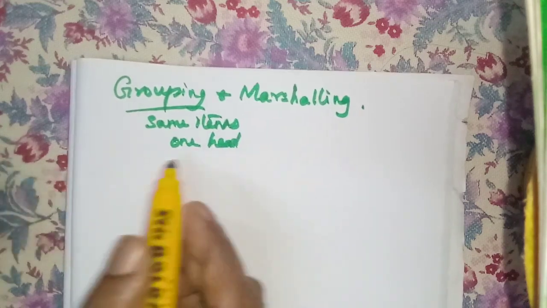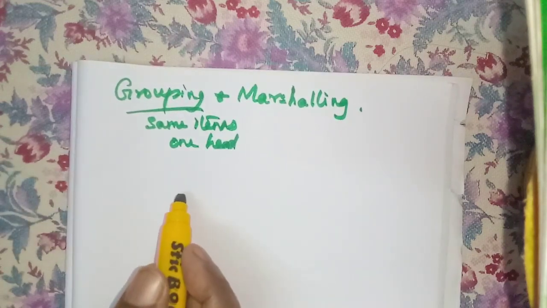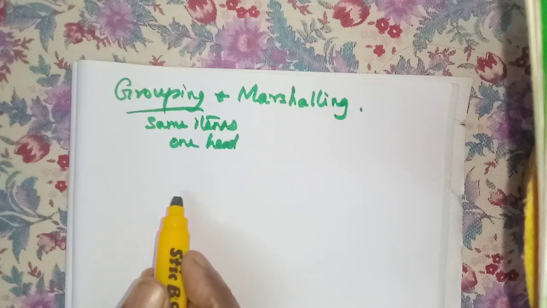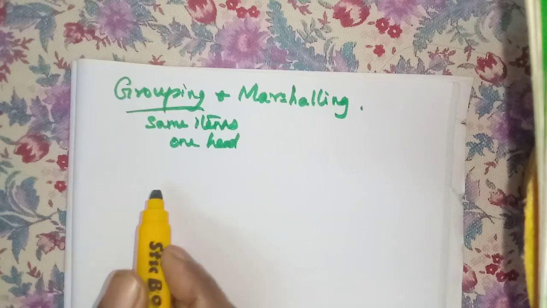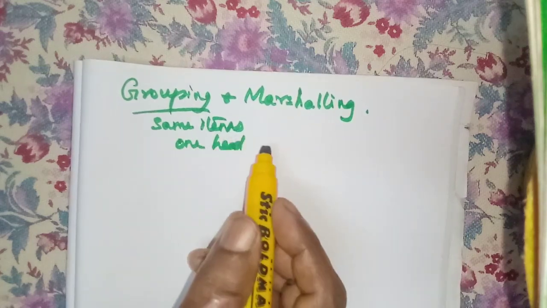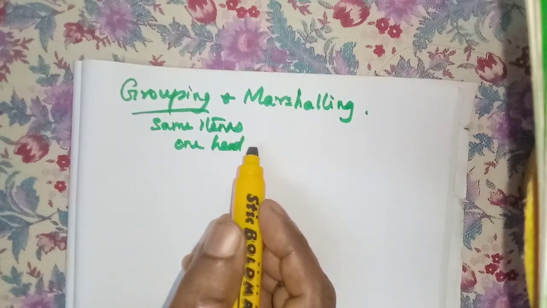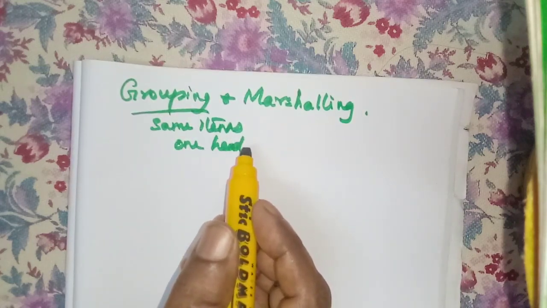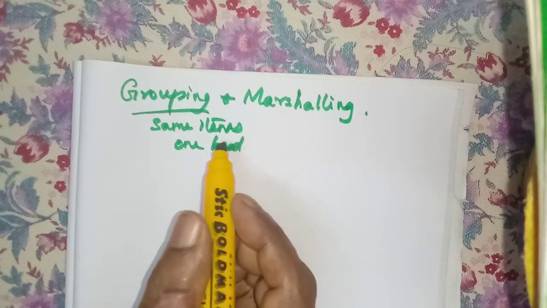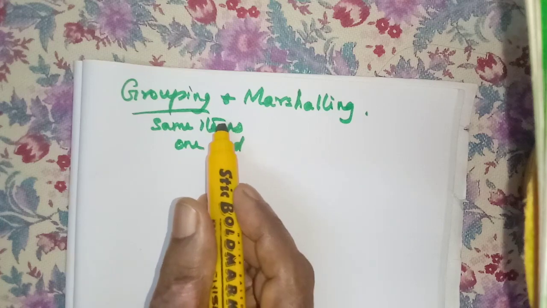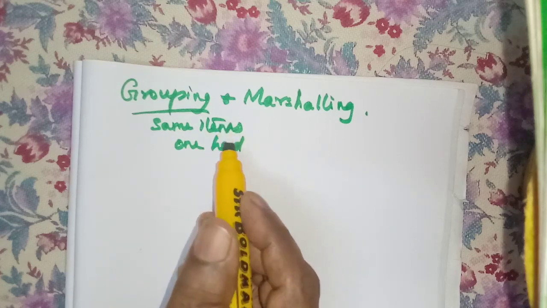For example, current assets: cash in hand, cash at bank, sundry debtors, closing stock, investments will all be grouped under one heading. Then the other heading will have all the fixed assets on the asset side. Then long-term liabilities, current liabilities. That is called grouping of items in the balance sheet.